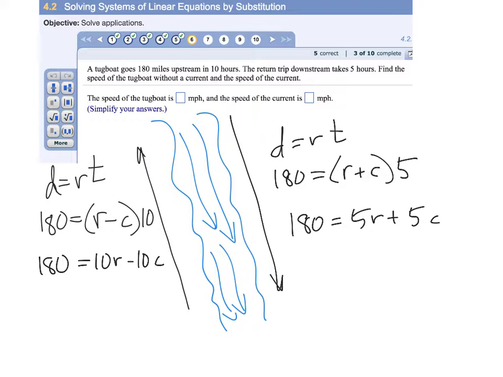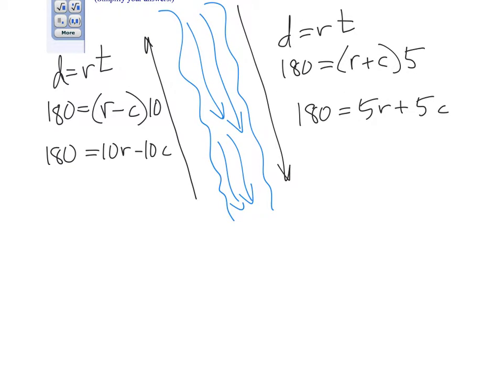And when we solve for this, let's solve for R. Let's do that with this one. So we're going to solve for R, which means we are going to add 10C to both sides.